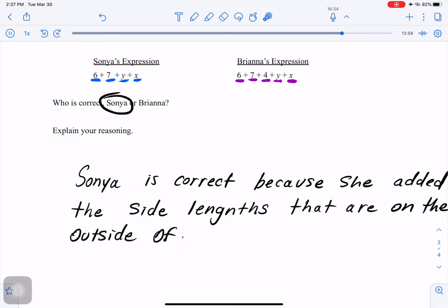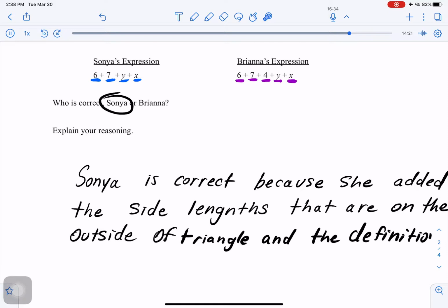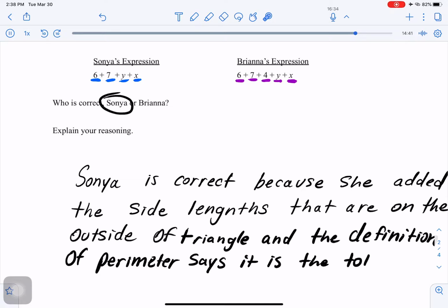And our reasoning is going to be something along the lines of Sonia's correct because she added the side lengths that are on the outside of the triangle, and the definition of perimeter says it is the total distance around a shape.